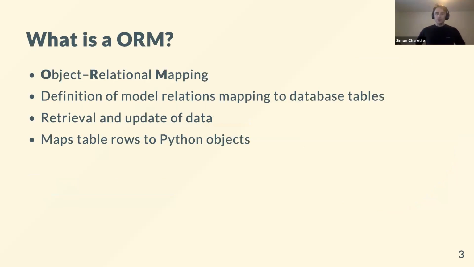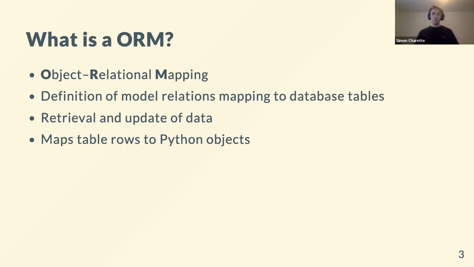So before we start looking into the Django ORM specificities, I think it's worth taking a bit of time talking about what an ORM actually is. The acronym ORM stands for Object Relational Mapping or Mapper. It's a paradigm that is often used in programming languages that support object-oriented design.